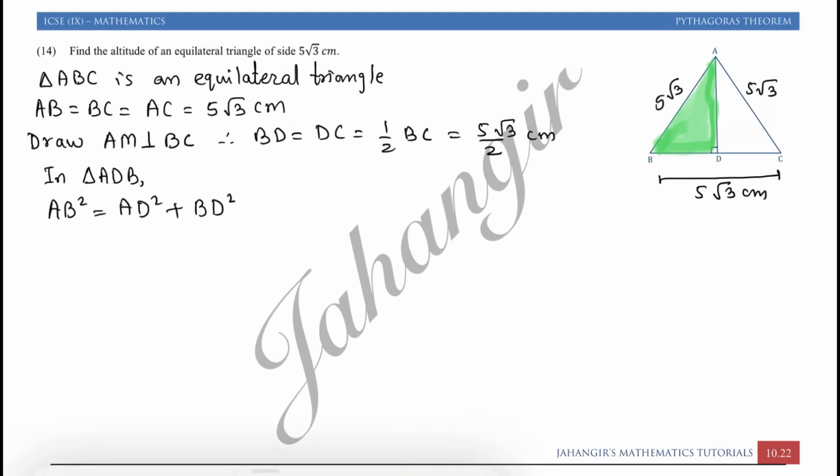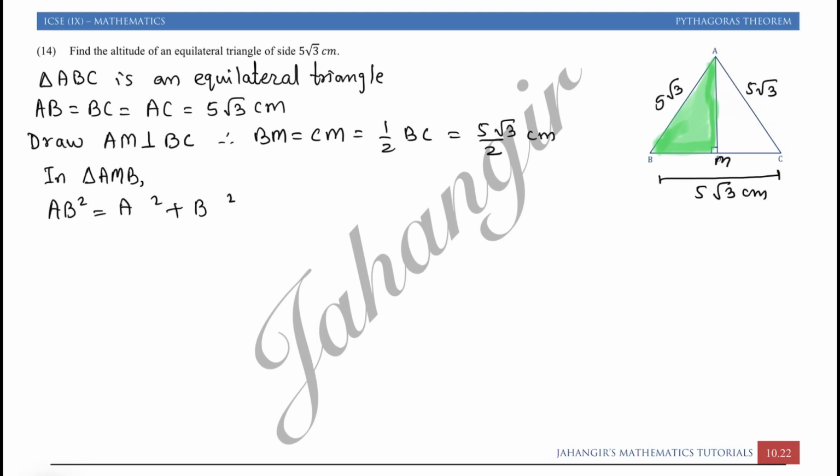We will make this altitude as M, so that it matches with our diagram. We can take this as M. So let us take M everywhere in triangle AMB. BM is equal to CM is equal to half of BC.